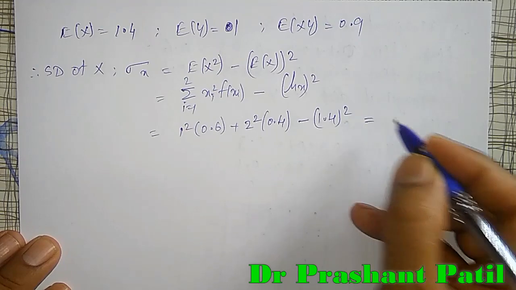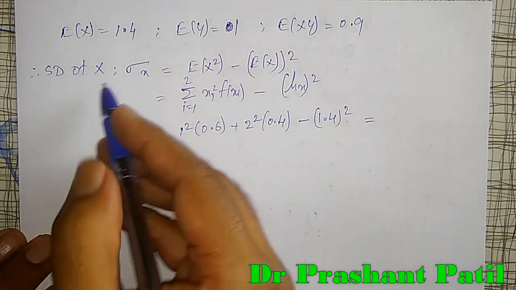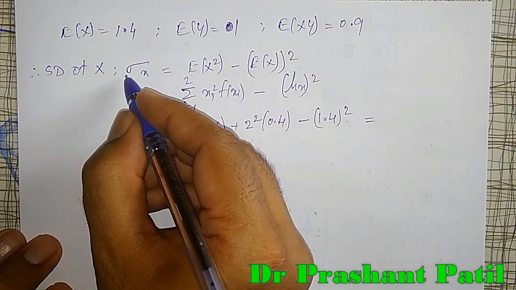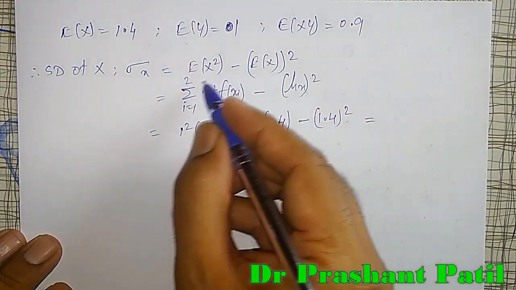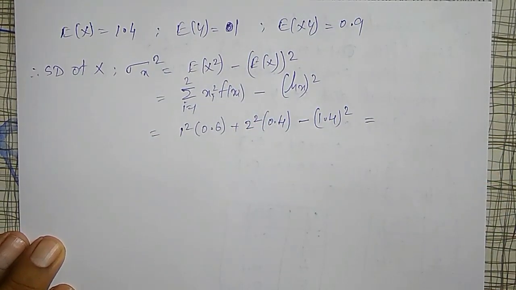You can simplify this one using the calculator. That is sigma x square, the variance of x, equal to, I am going to get it as 0.24.